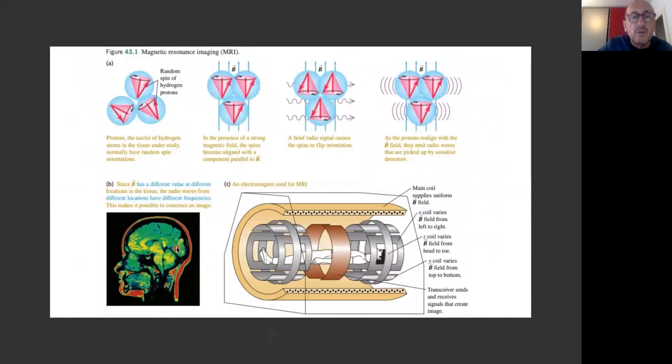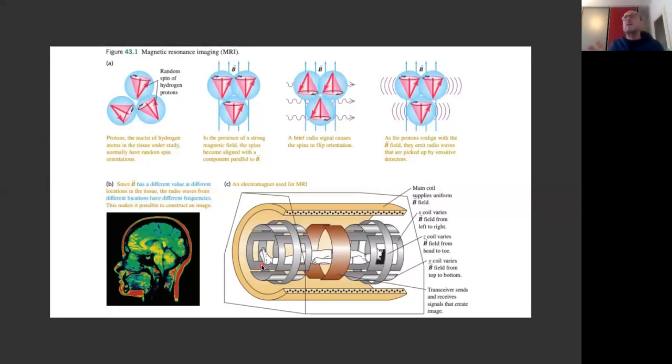So in this way, you can reconstruct 3D images, because you can locate the exact position of a point by simply resolving where that point is physically located inside this machine.